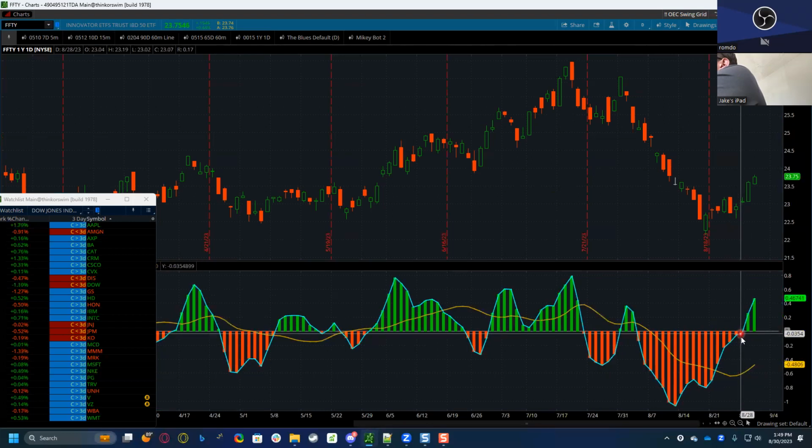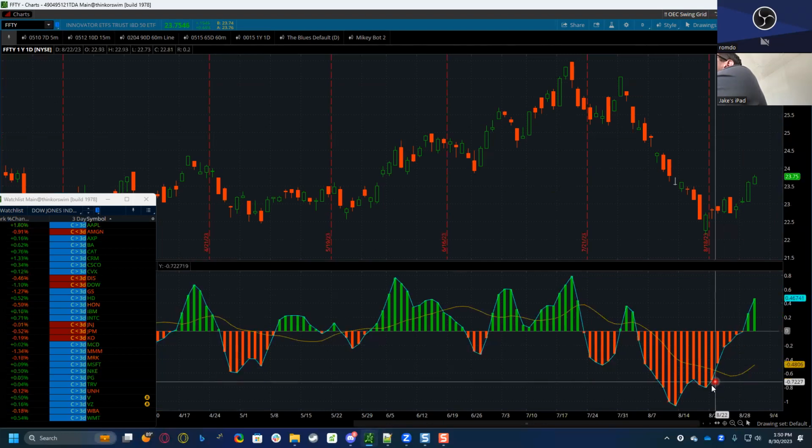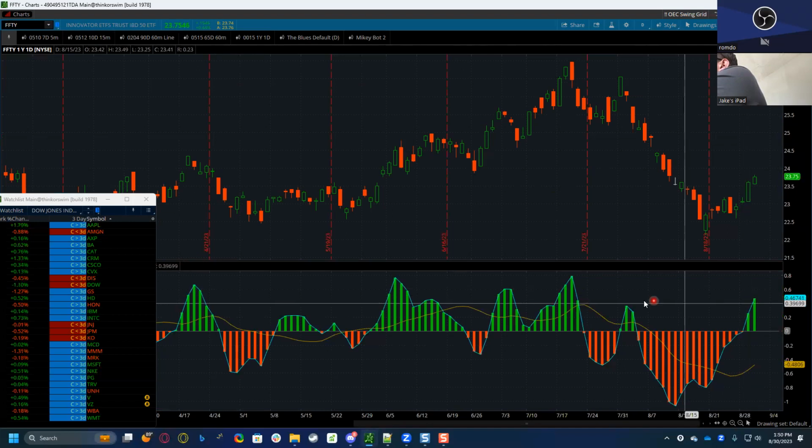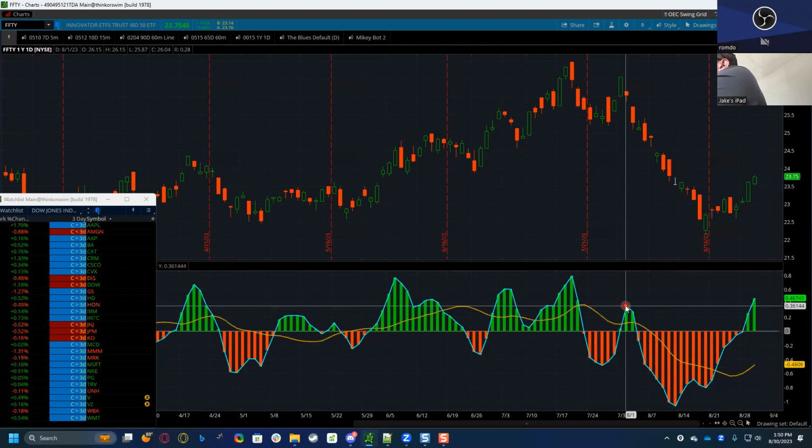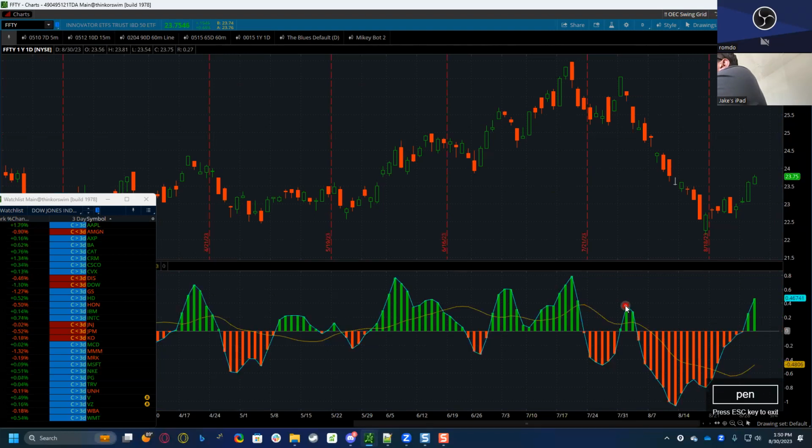If that tiny little wrinkle there is considered the pullback, then it was a higher pullback. So it wouldn't be divergence either way. If we look left to the last pivot, here's some bullish divergence, at least in the indicator versus price. The indicator is showing a higher peak than this peak, and price is showing a much lower peak, right? So price divergence.